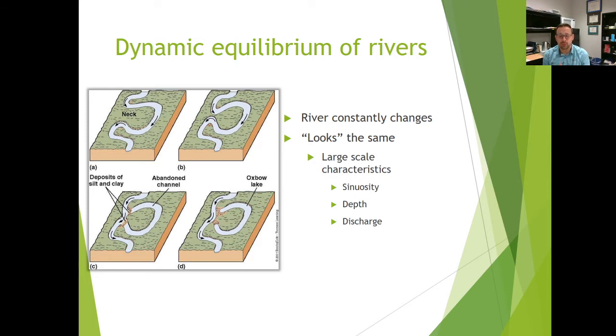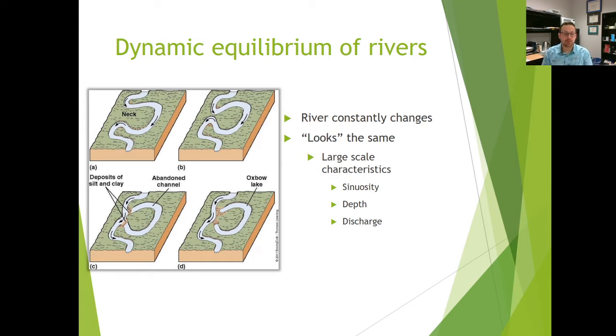Let's say river depth: the river is continuously changing in depth, but if you were to look at the average depth along the length of the river, it's pretty much always the same. At a given spot, there might be some river degradation, so the bed of the river goes down. But in another spot, there might be some river aggradation, where the bed of the river goes up. So the average pretty much stays the same.